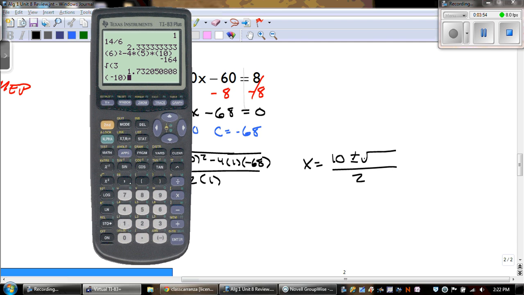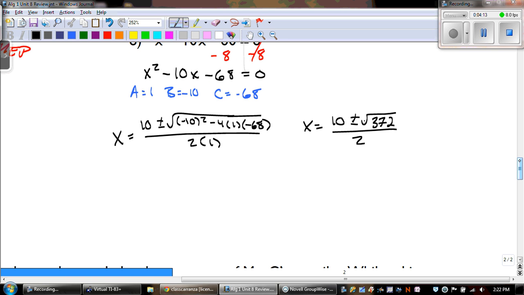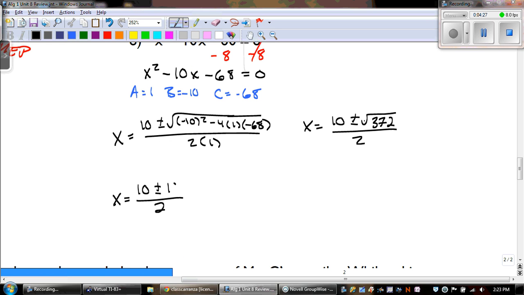The negative 10 squared minus 4 times 1 times negative 68, and we get 372. Okay, so let's keep working. 10 plus or minus the square root of 372, 19.29, divided by 2.